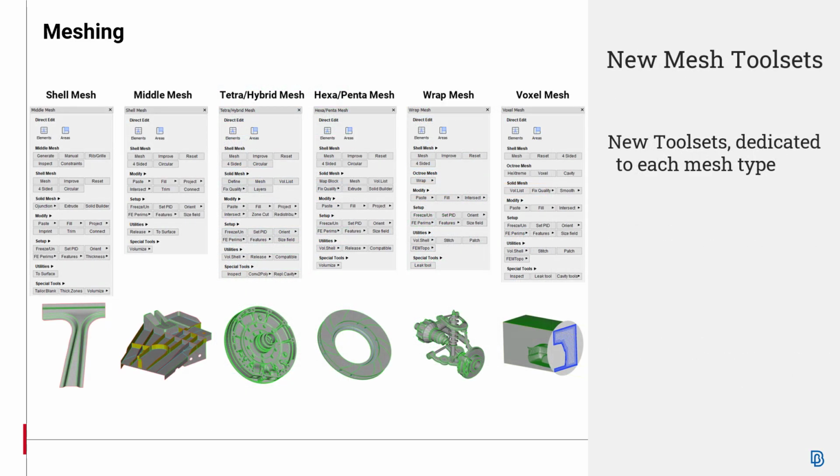In summary, we introduce 6 new different toolsets focused to each mesh type that can be shell mesh, middle, tetra, hexa, wrap, and voxel mesh.